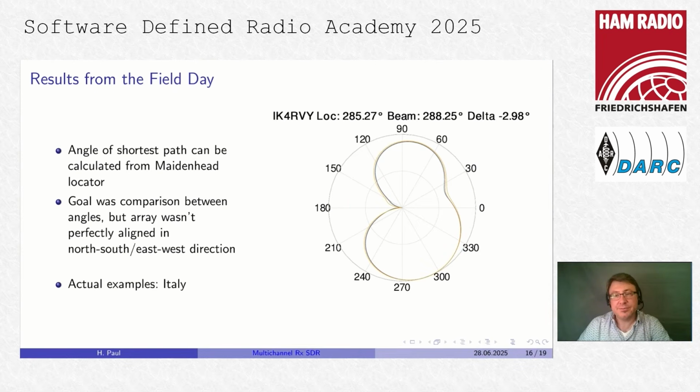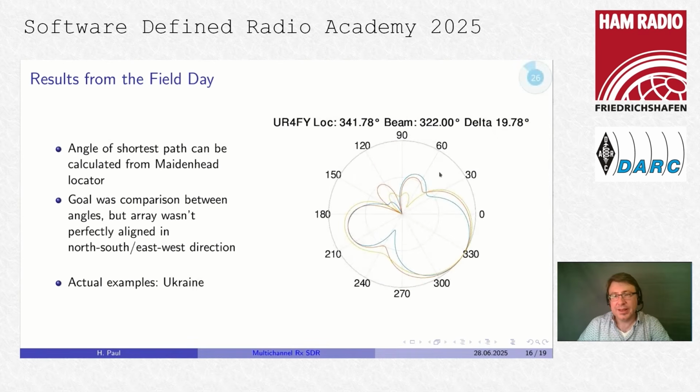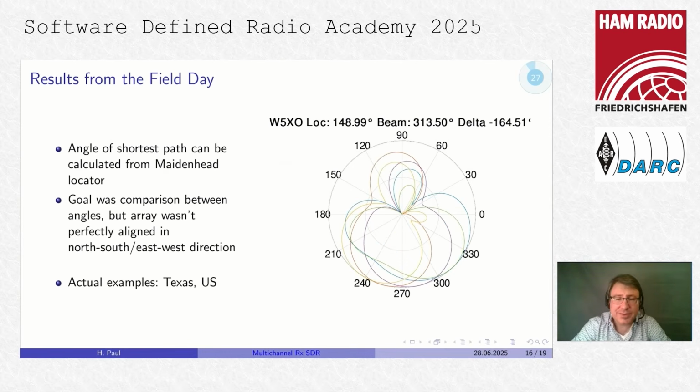Yeah, this was an Italian station which matched very closely with only 3 degrees of error here. A station from Ukraine had about 20 degrees error, which is still okay. But now we have a station from the US, from Texas actually, and now we get a very interesting result.